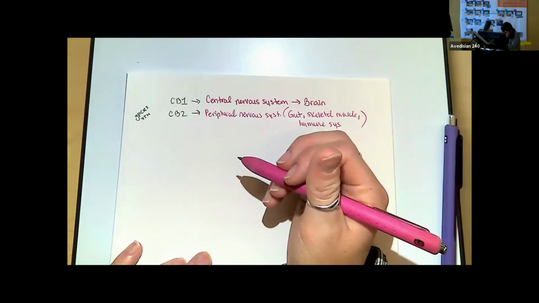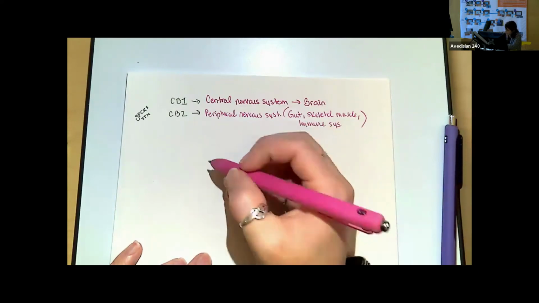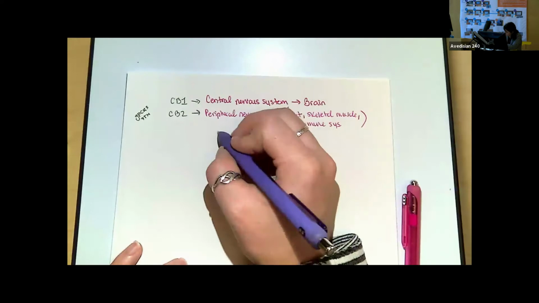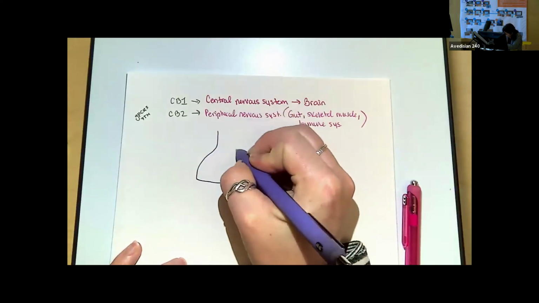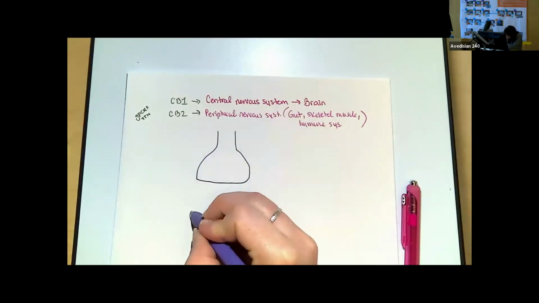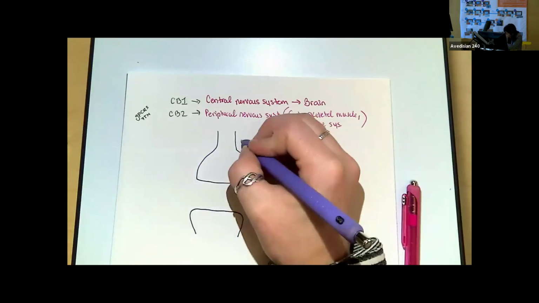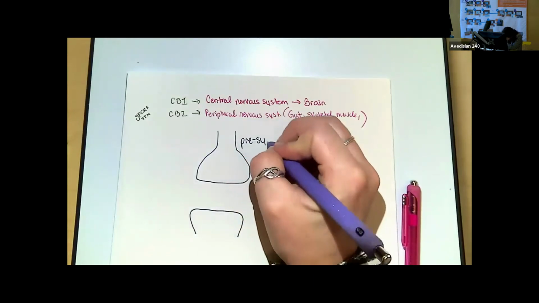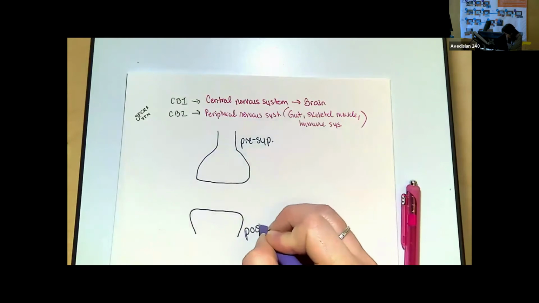So just a review of your traditional neurotransmitter signaling, so we can talk about how phytocannabinoids are different. Say this is your presynaptic neuron, and this is your postsynaptic neuron.